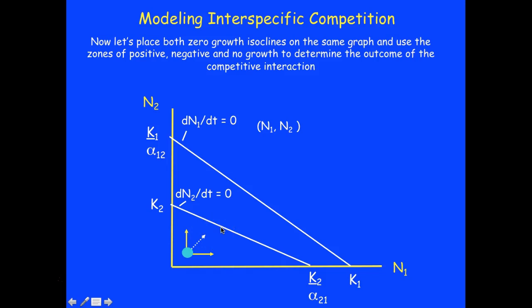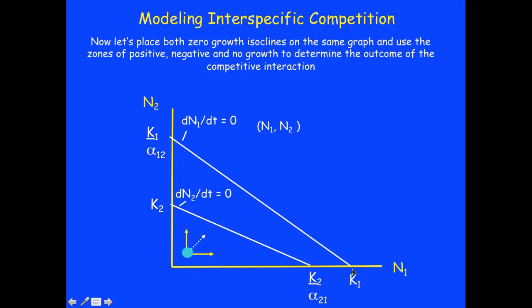And in this case, now species 2 cannot increase anymore because we're at its no-growth isocline, but we're still below the no-growth isocline of species 1, which means that species 1 can continue to grow, and as we move up in this direction, we're above the no-growth isocline for species 2, so it has to shrink. As the population size of species 2 is shrinking, species 1 can start using those resources and grow to its carrying capacity.